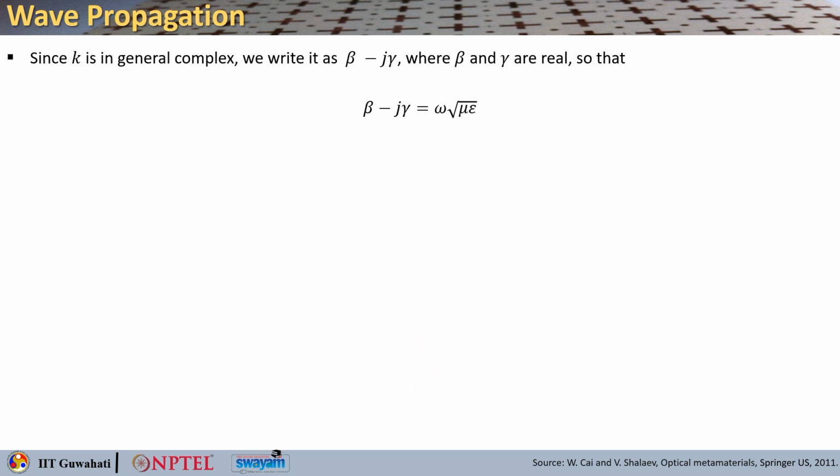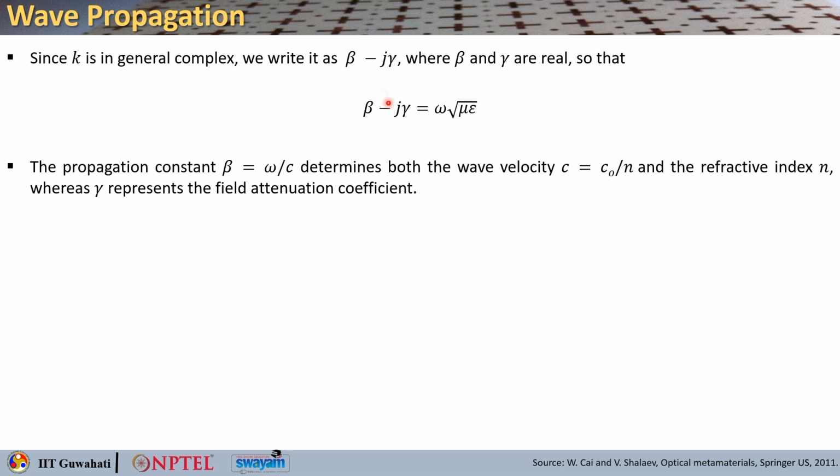Okay. So, these two things play a very important role, and since we have understood that k, the wave vector or wave number, is generally a complex quantity, you can always write it as beta minus j gamma, where both beta and gamma are considered to be real, and you can write beta minus j gamma equal to omega square root of mu epsilon. Now, what is this beta?